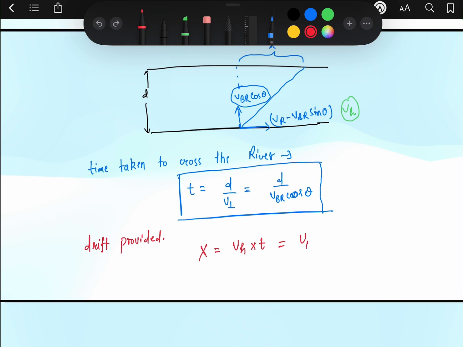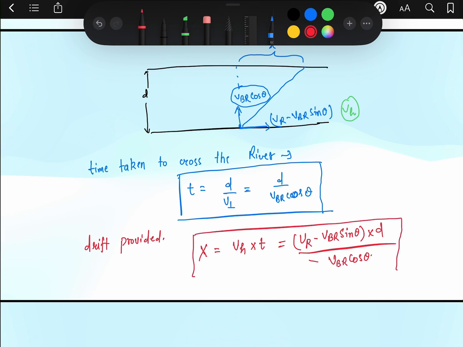That will be equal to Vr minus Vbr sin theta, multiplied by d divided by Vbr cos theta. So this is the formula for the drift provided by the horizontal component of the velocity in the time t equal to d by V.